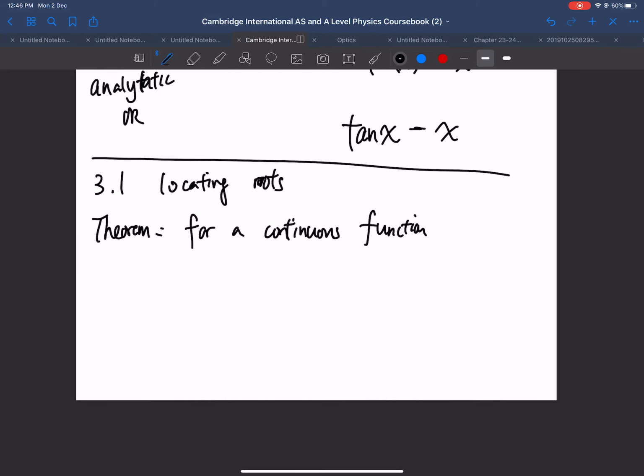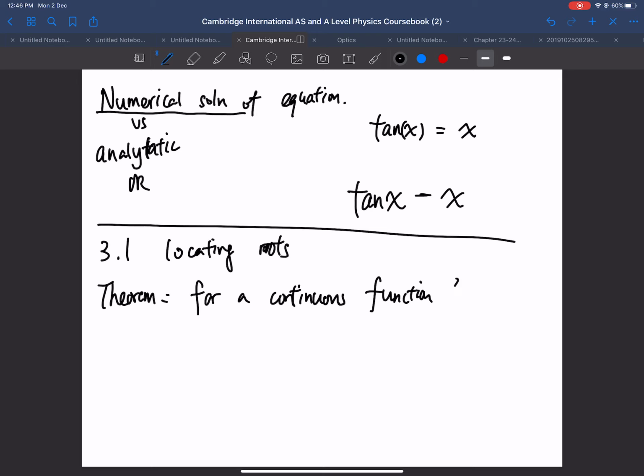It doesn't jump from one value to another. For a continuous function f(x), if f(a) and f(b) have different signs, positive and negative, so either f(a) positive, f(b) negative, or f(a) negative, f(b) positive.